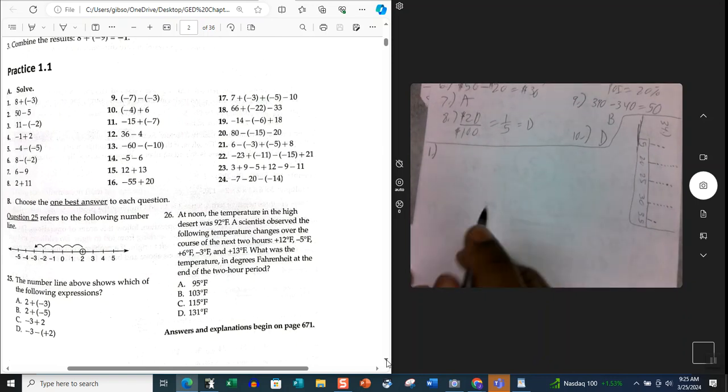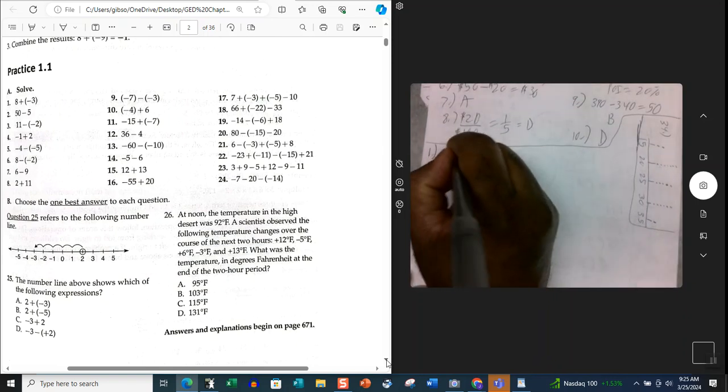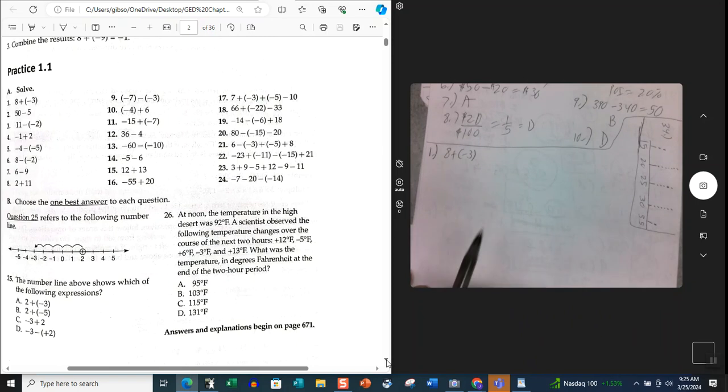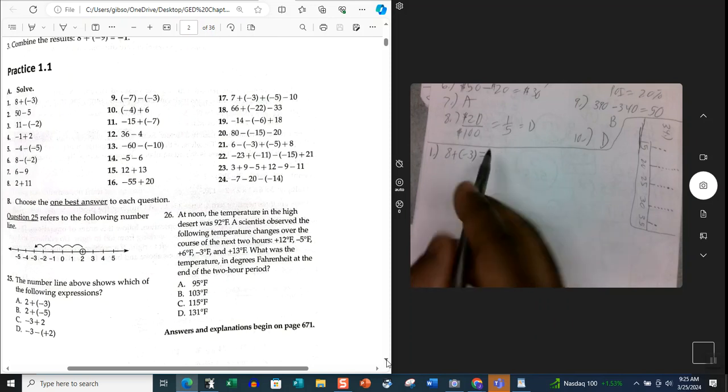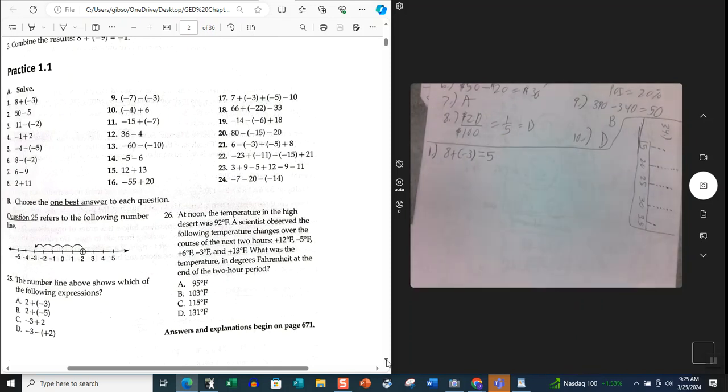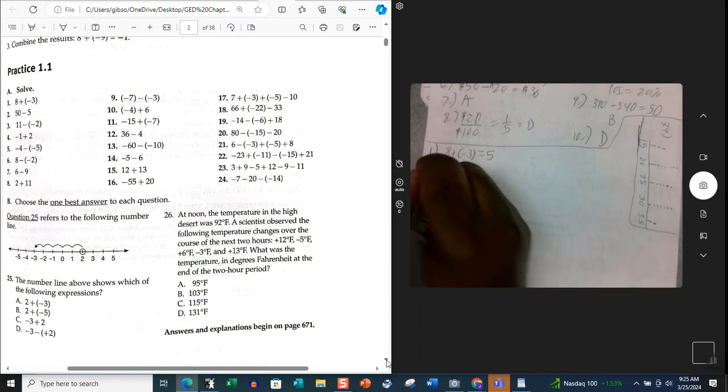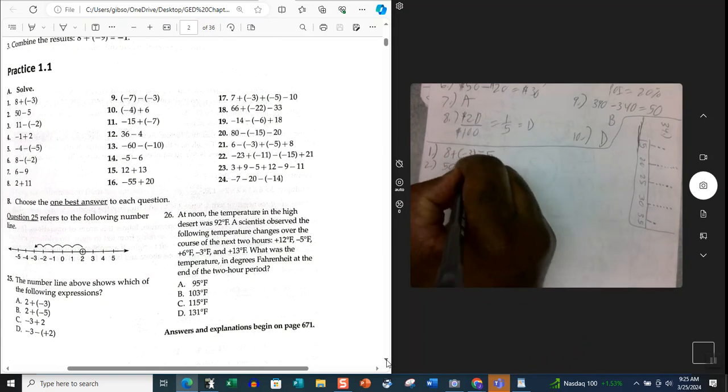With problem number 1, we have 8 plus a negative 3. Now again, we know we're going to subtract because these have different signs. So 8 is larger than 3 and 8 is positive. So what we could do now is just regular subtraction. 8 minus 3 is just 5. Okay, now number 2. 50 minus 5.